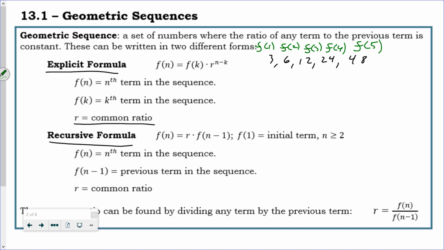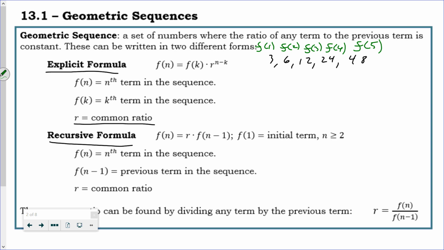Or it's like the first, second, third, fourth, and fifth number in that sequence. The explicit formula will tell me any number that I want in that sequence. So if I want to know the 155th term of the sequence, I can plug in 155 for n, and I can figure that out with the explicit formula.